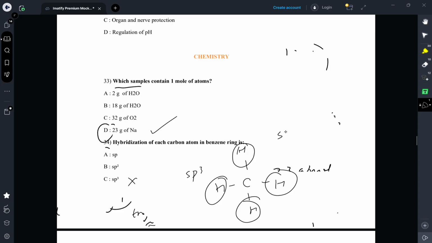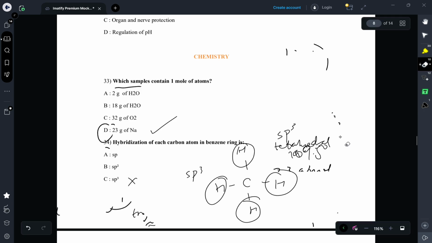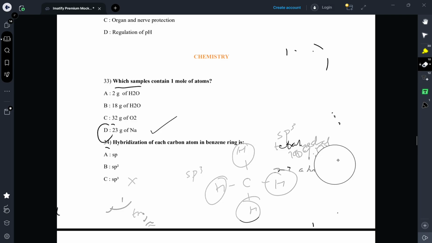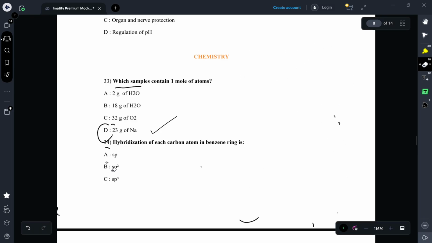So here we would have sp3 hybridization, and the structure would be tetrahedral, and the angle is approximately 109.5-degree. Sometimes 109, sometimes 109.5. Some books say 109.5, some 109, so both are acceptable. So this one is also wrong. The only correct answer we have here is sp2.